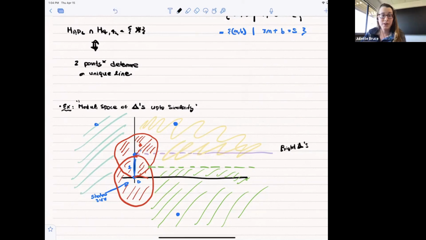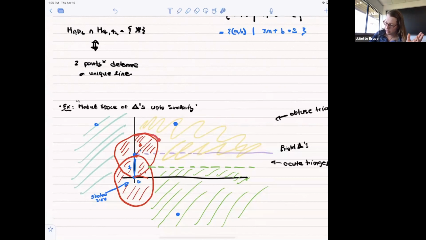Beneath the right line, down here, I'm going to get acute triangles. And up here, I'm going to get obtuse triangles. If you think about it, you can also figure out where the isosceles triangles live with various bases.